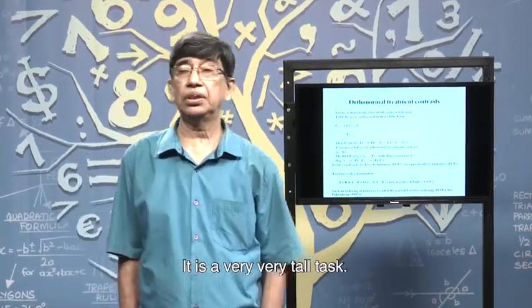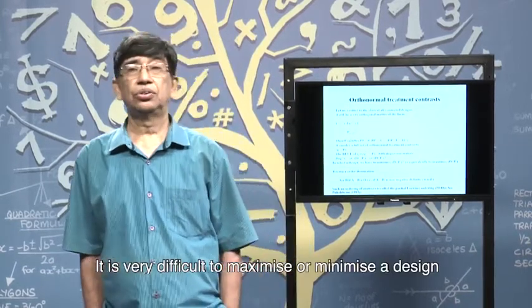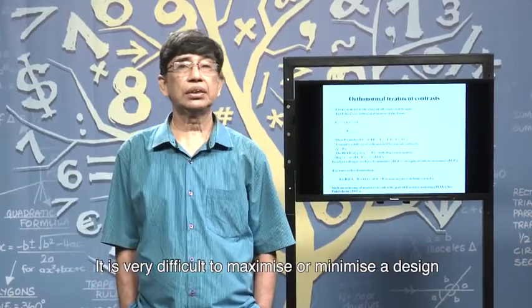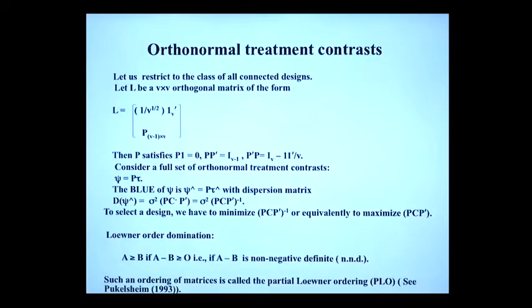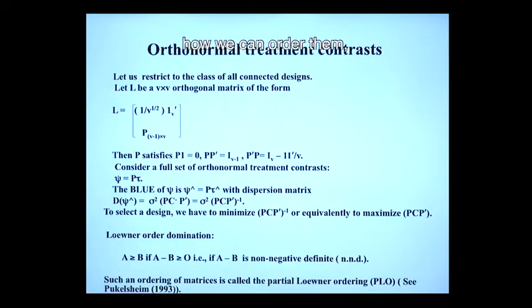It is a very, very tall task. It is very difficult to maximize or minimize a design. Now, given two designs, say two information matrices A and B, how can we order them so that we can maximize this?